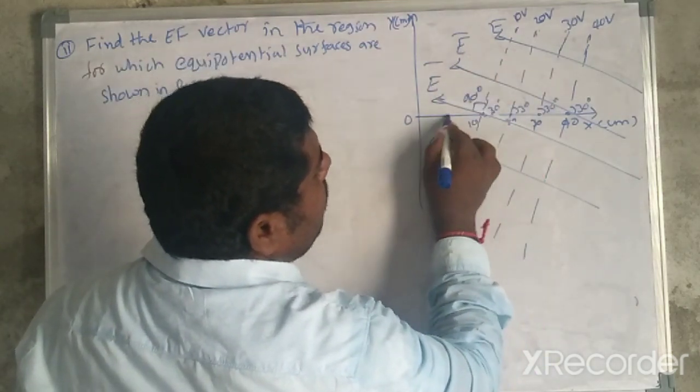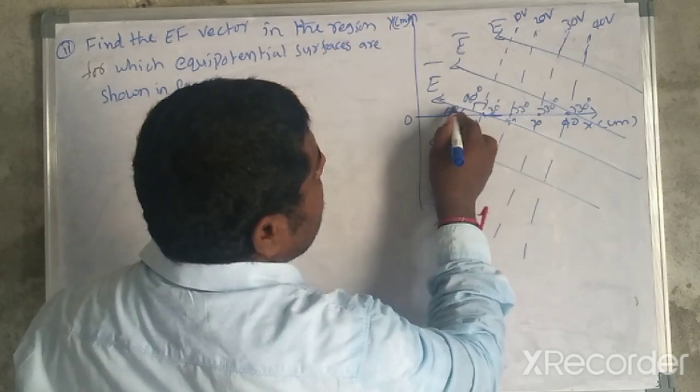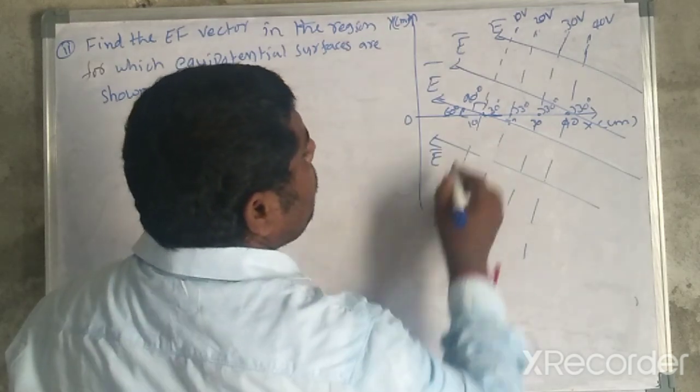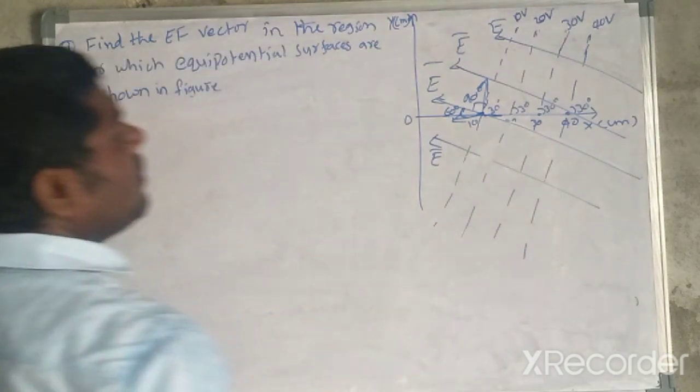So here to here the total angle is 180 degrees. In this direction the angle is 60 degrees, and here the angle is 60 degrees. So you may draw the components along the y direction and along the x direction.